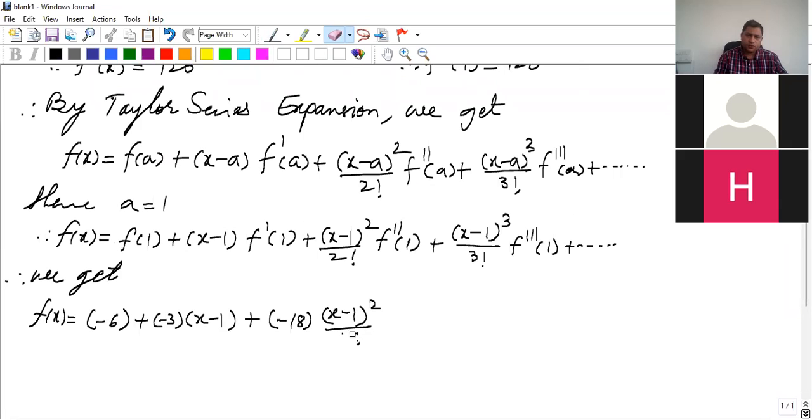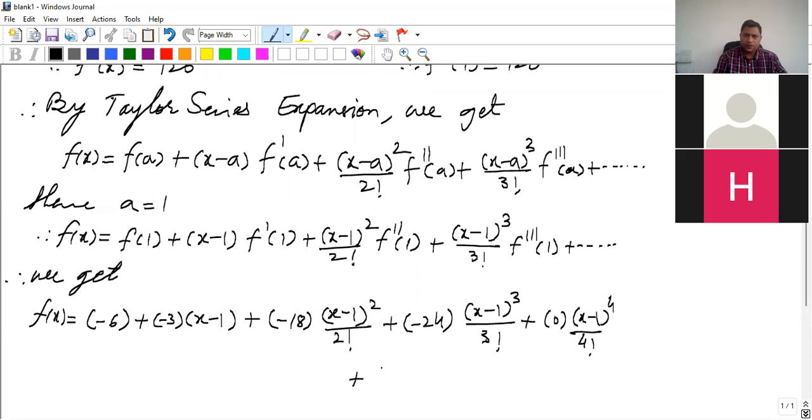So this is going to be by 2 factorial. Then plus minus 24, (x minus 1) cube by 3 factorial. And plus 0 times (x minus 1) raised to 4 by 4 factorial.